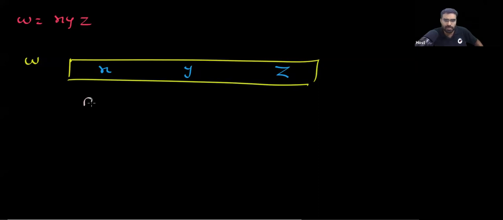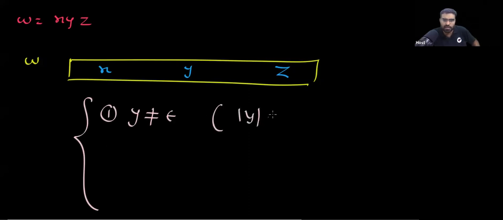Such that 3 things will happen. First, this Y part is non-empty, so the length of Y is greater than or equal to 1. Second, within which area will this Y be available?